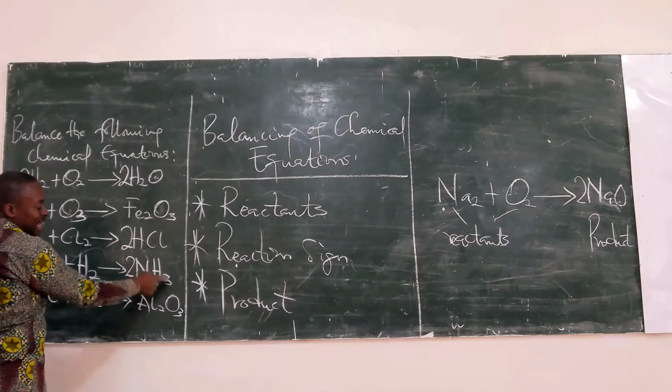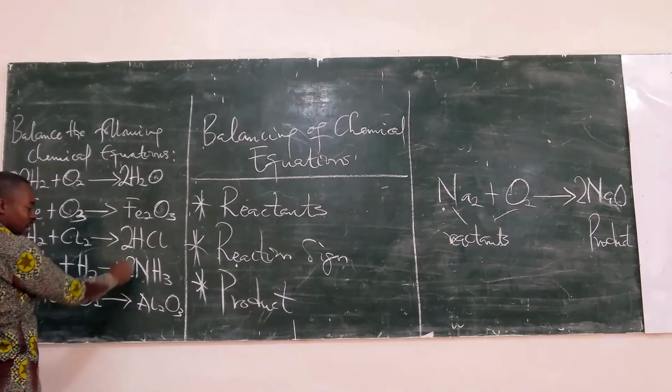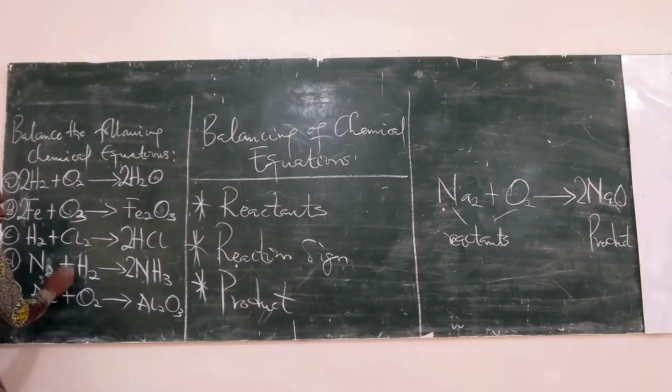Hydrogen is 5. So you need to add 3 in front of this hydrogen to make the hydrogen atoms balance. It's 5. Nitrogen is 2. Balanced.